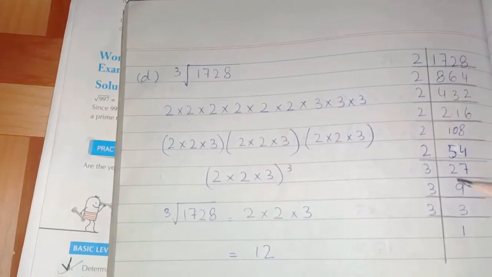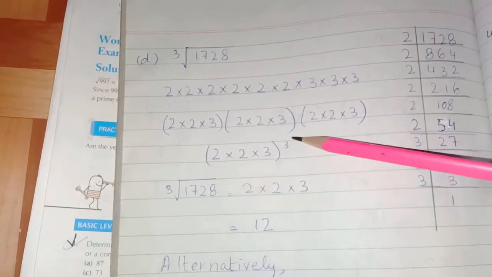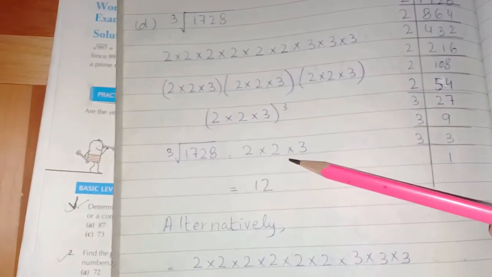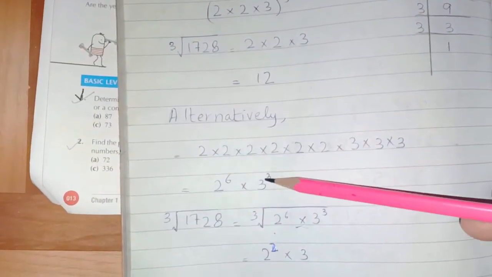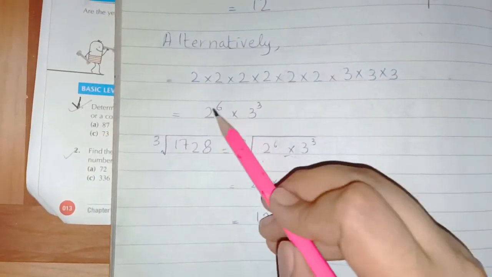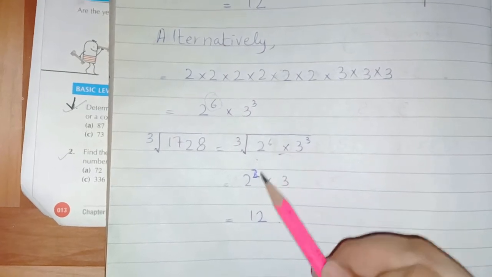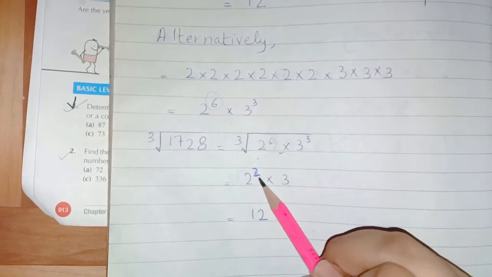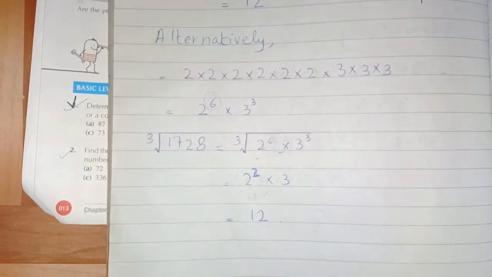We write the prime factors, then make the groups, and then multiply the numbers. In the alternative, we make the groups in index notation, and then write the answer. Here we have 6. So when we cut 6 and 3, the remaining number is 2. 3 2s are 6, 2 2s are 4, 4 3s are 12.